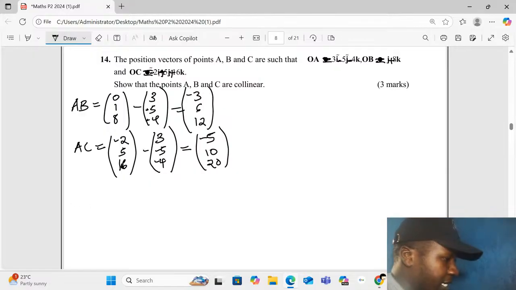So when we take AB, it will be equal to a constant of what? Of AC.